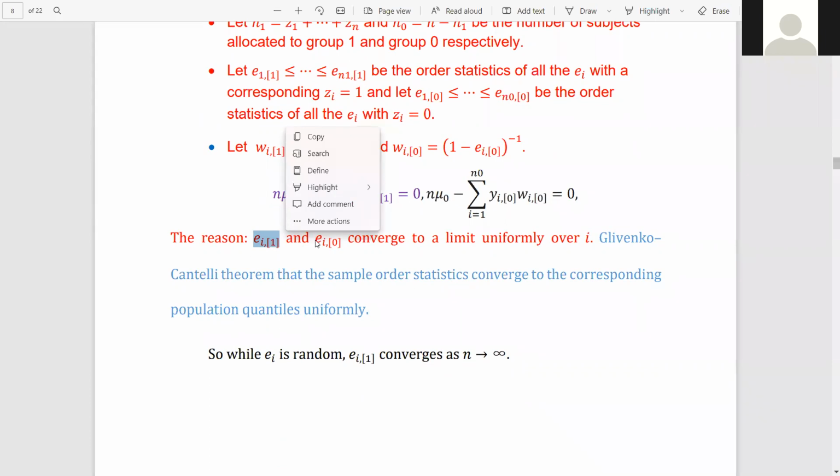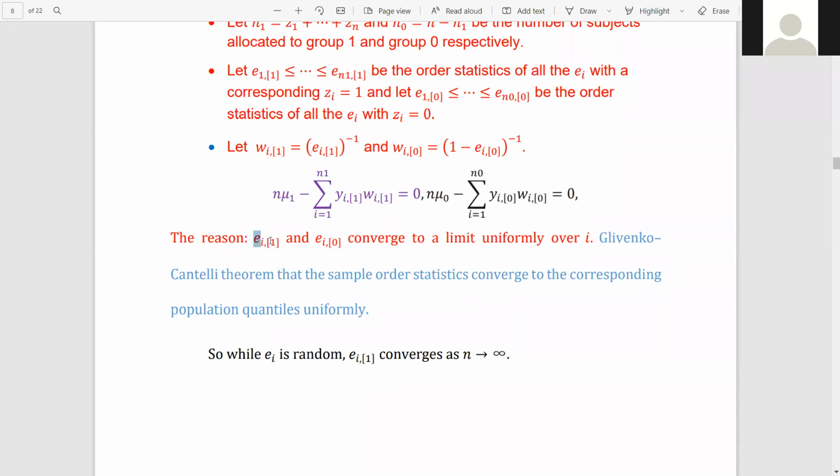I think this is not right. Okay, so this should be 1I, okay? So this means it's the I's order statistic for the treatment 1 group.